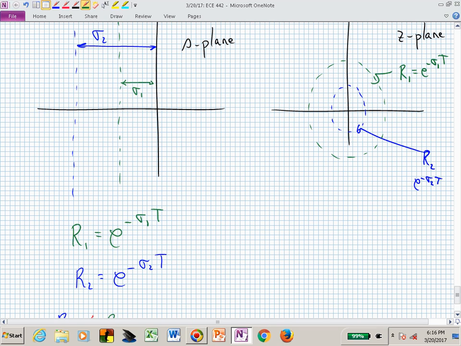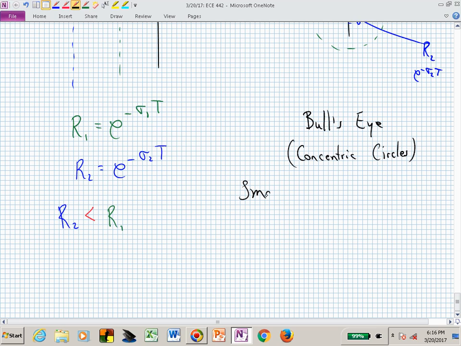So now we have a bullseye, or a target, or concentric circles. And if we have a smaller circle, what does that mean about the system? Is it faster or slower? A smaller circle means a faster system. R sub 2 is less than r sub 1.